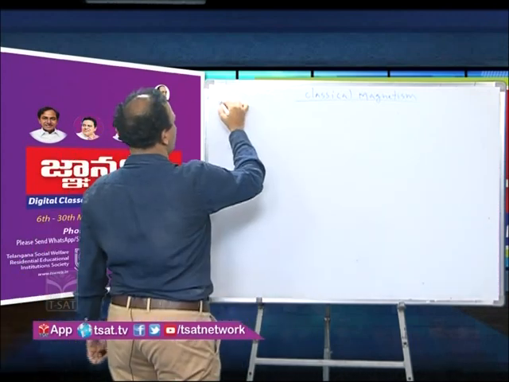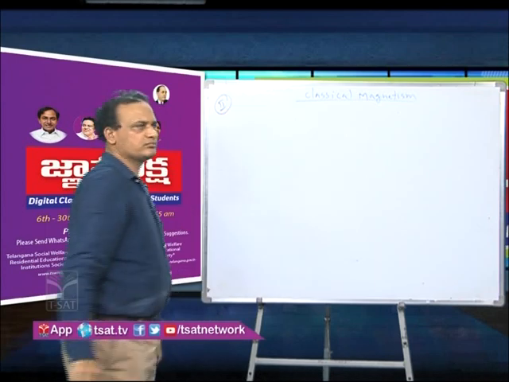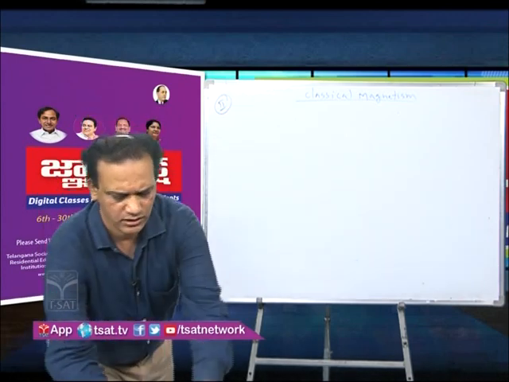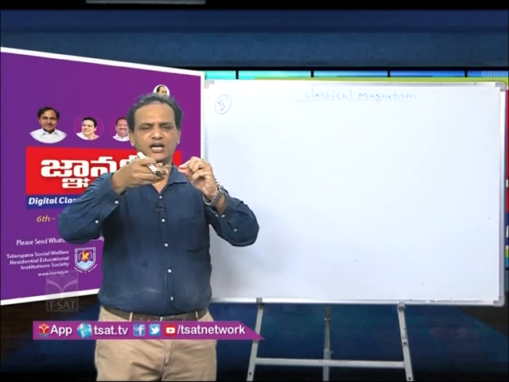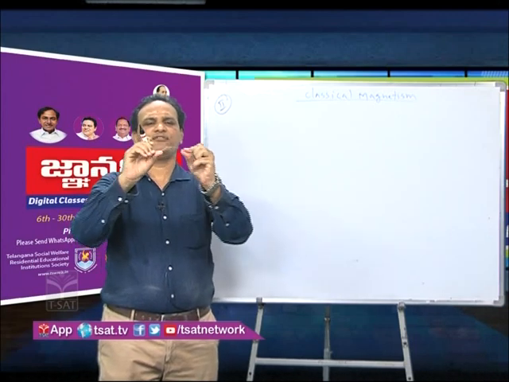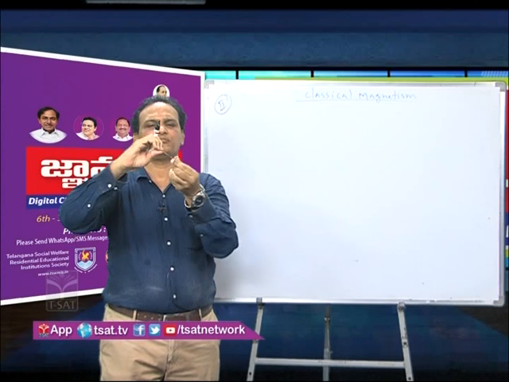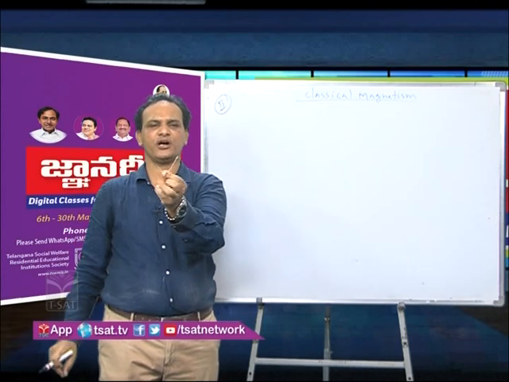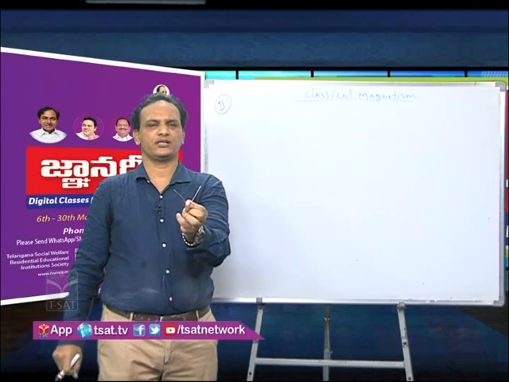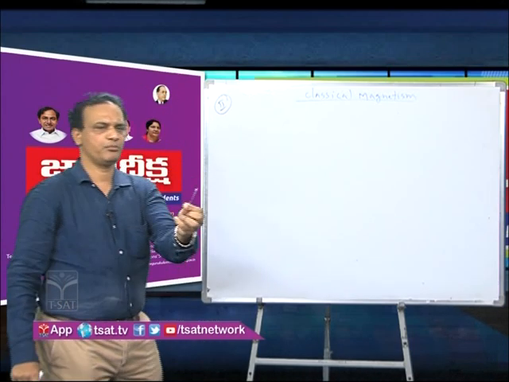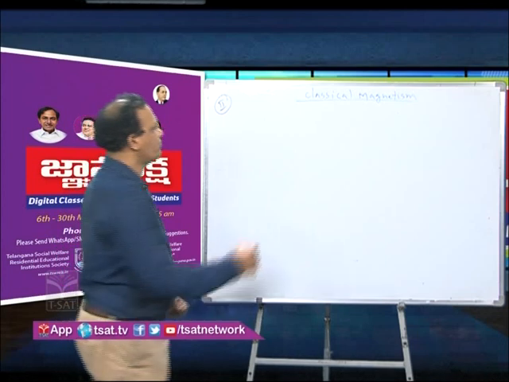The next model problem on magnets. Assume this is a bar magnet. If I bend it in the form of a V shape, then what about its new magnetic moment?